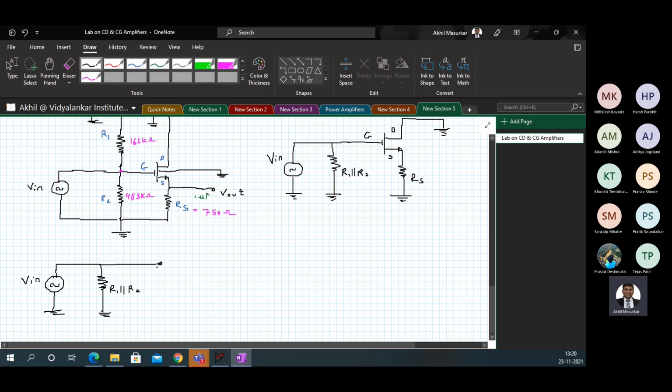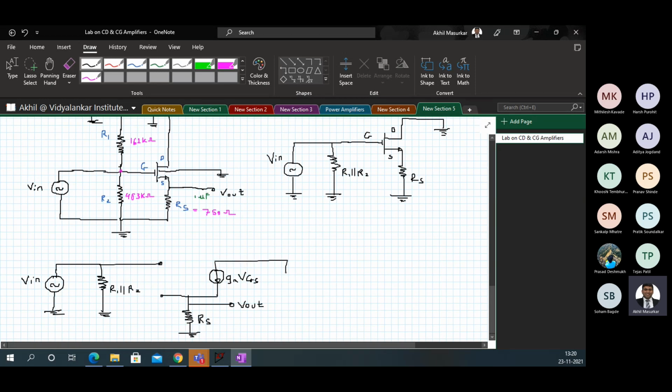Then we have the GM VGS current source, this RS, Vout, and the drain is connected to the ground.